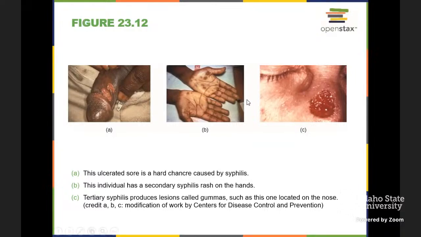The primary. Secondary, we see secondary syphilis with rash symptoms, potentially starting on the palms. They can be throughout the body, but different, not ulcerated lesions that we see, and it truly depends on whether or not antimicrobial therapy has been sought to prevent progressing to these latter stages.